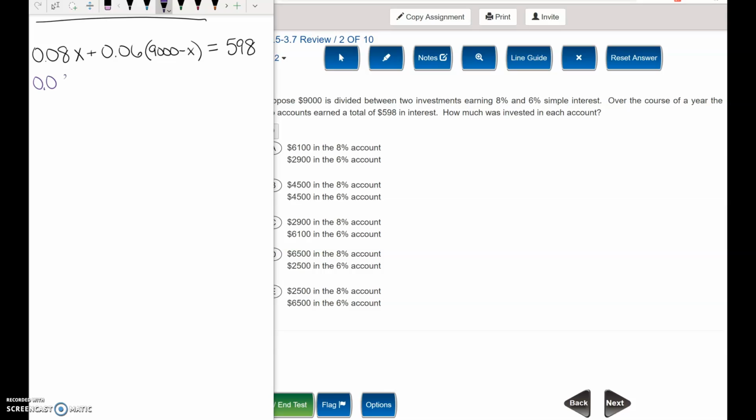So we've got 0.08x plus we have to do 9,000 times that. 0.06 times 9,000 is 540. And then this is a negative 0.06x equals 598. When I combine my 0.08 and negative 0.06, that is 0.02x.